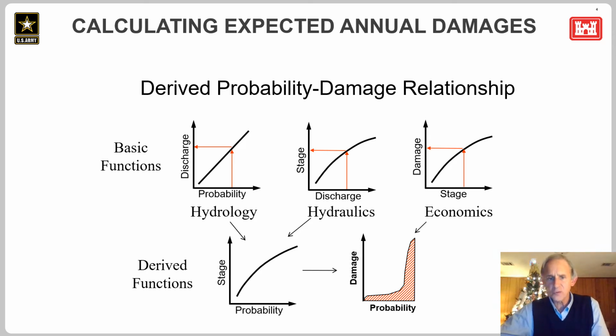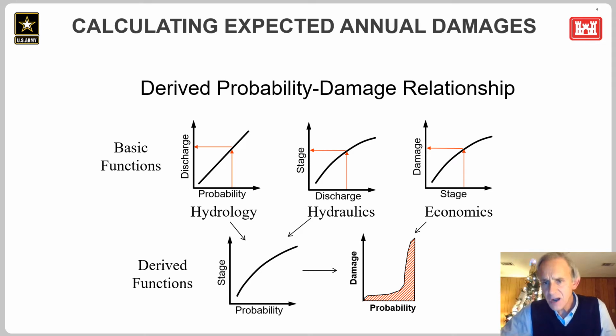But because this was a coastal situation, we went right to the stage probability relationship, which was already given. It's combined with the stage damage relationship from the economic inputs, and both of those give you the damage probability relationship.